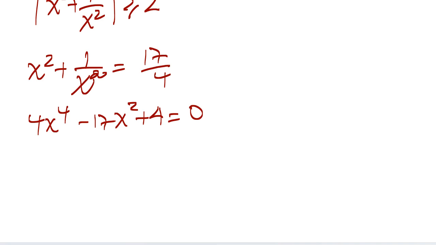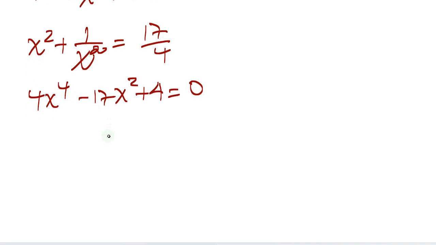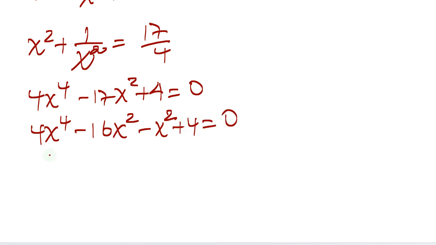And then from here we can simplify this, guys, because it's pretty simple to simplify. There are so many ways you can do it, but I'm going to write it like this: 4x to the 4, minus x to the 2, and then plus 4 equals 0.